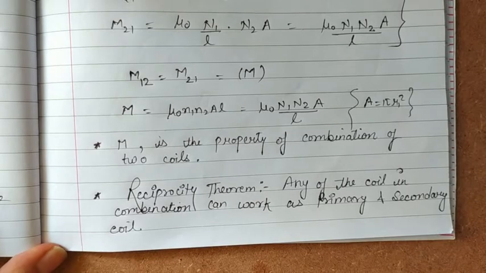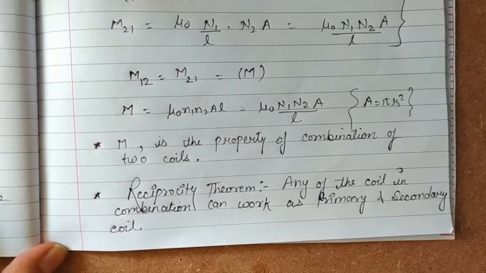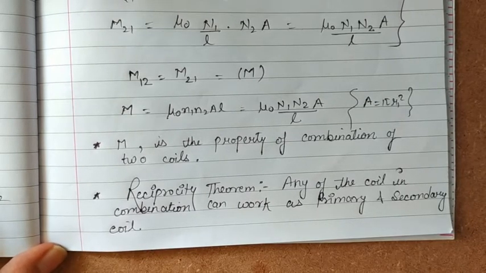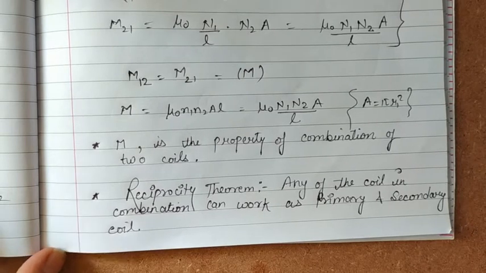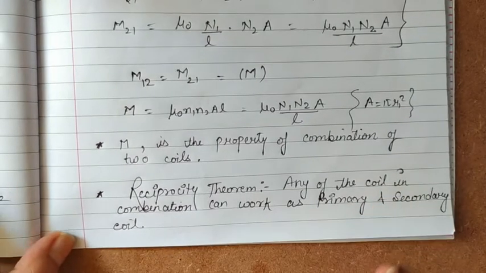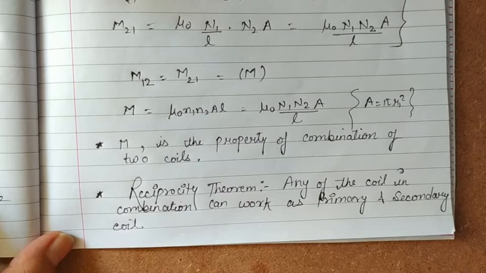If we change the coil, then it will be something else, but if the coils are same, only their functioning is changing. Like sometime one coil is primary while the other is secondary, and after some time they are changing their work, means primary works as secondary and secondary works as primary. In that case the value of capital M will remain same, but if we change the coil, in that case it will be different. So for a particular combination of two coils, the value of M remains constant. This is the mutual inductance of two long solenoids.